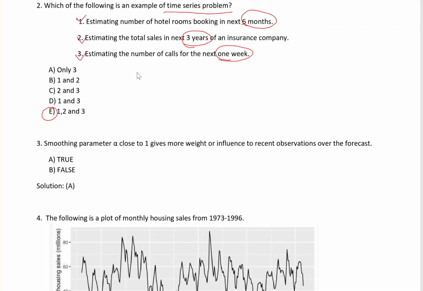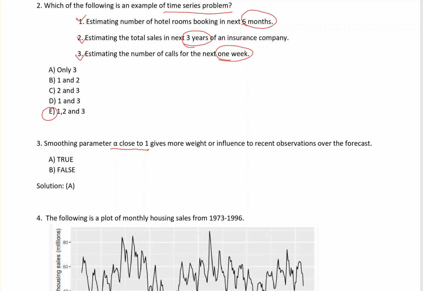All right, number 3, smoothing parameter alpha close to 1 gives more weight or influence to recent observations over forecasting. It is true or false. Let's determine by ourselves first. The parameter alpha close to 1, what does that mean?